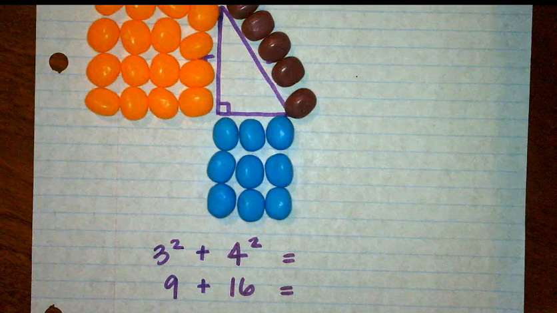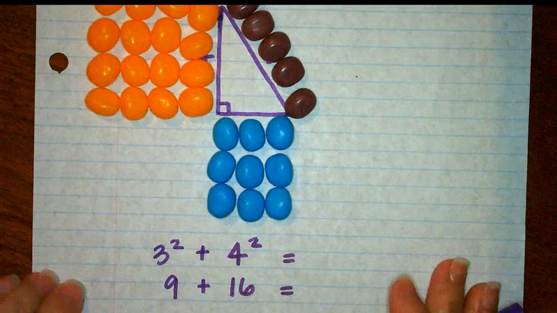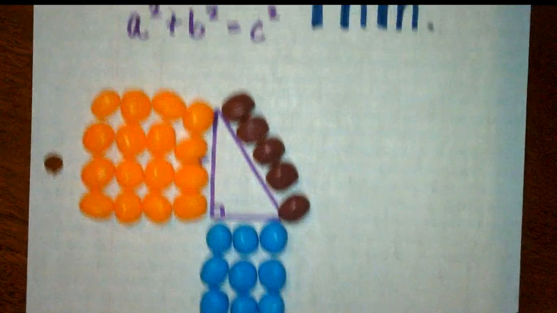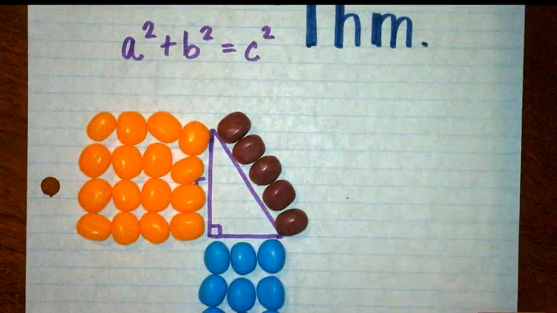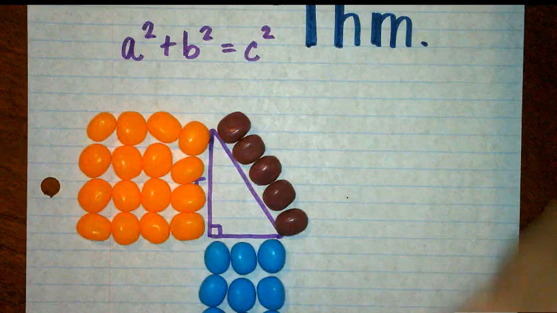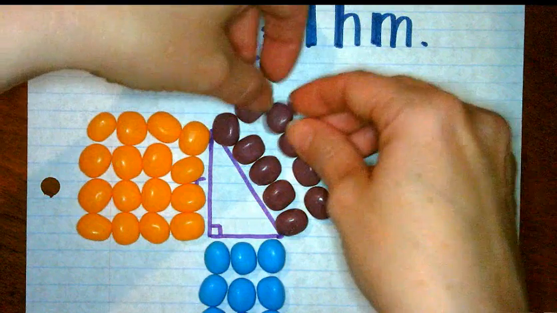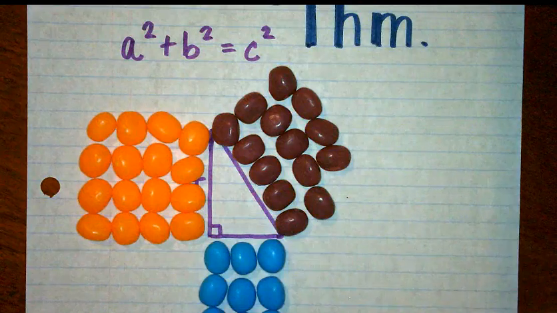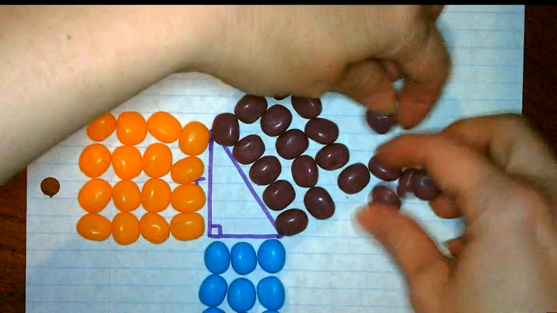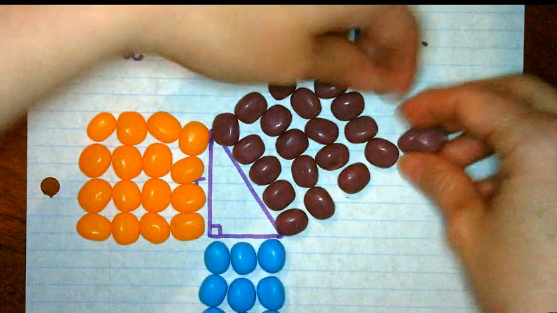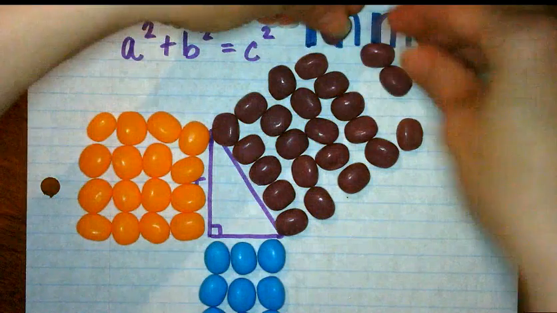Now, if we look at what the formula says, we need to go over to side c and make a square out of this side. I should have a square that contains 25 jelly beans, so that each side has 5. I'm just going to pull them all over here and arrange them.